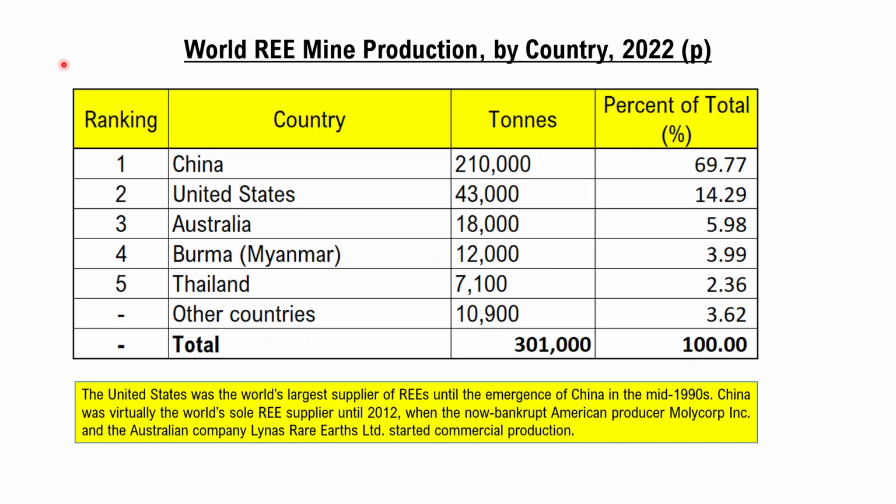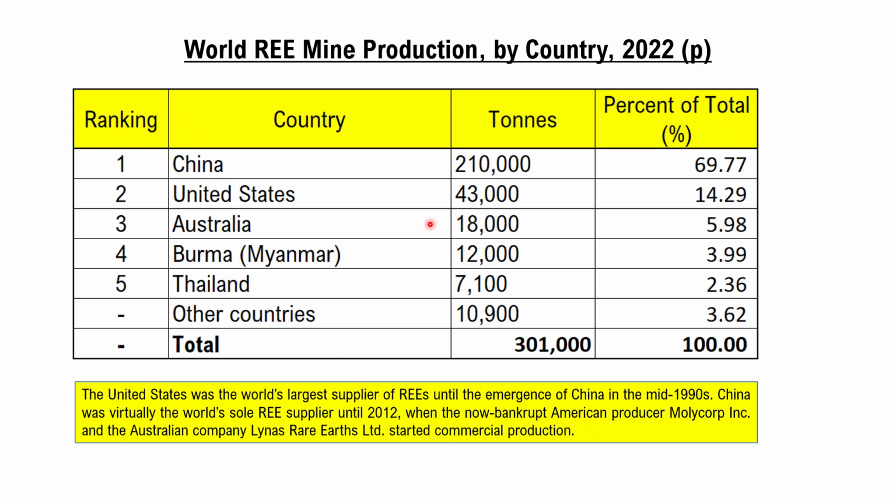Coming to the details regarding world REE mine production by country. Here is the data applicable to the year 2022. The data indicates that China's mining production was 210,000 tons, that is 70% of the total production of 301,000 tons. Whereas the United States mined 43,000 tons of REEs, equal to about 14% of the total world mining production.